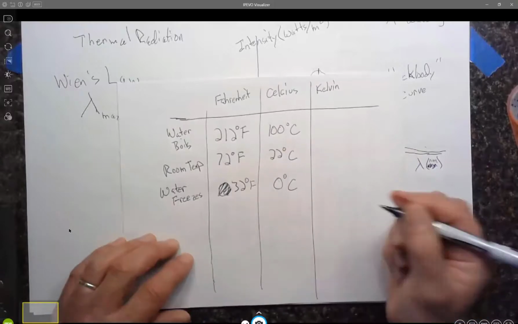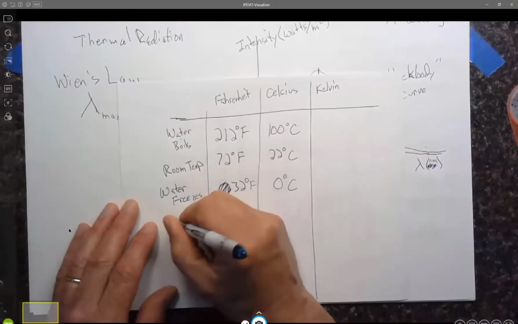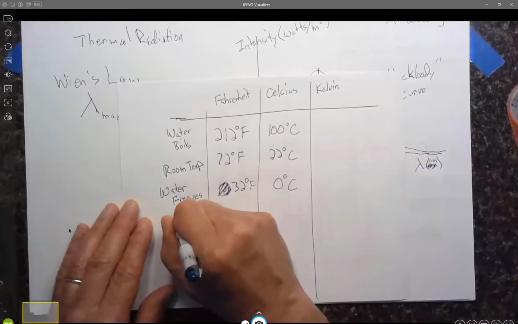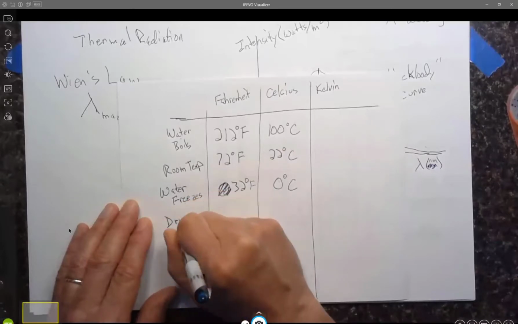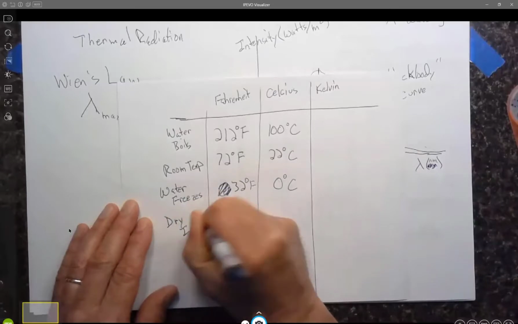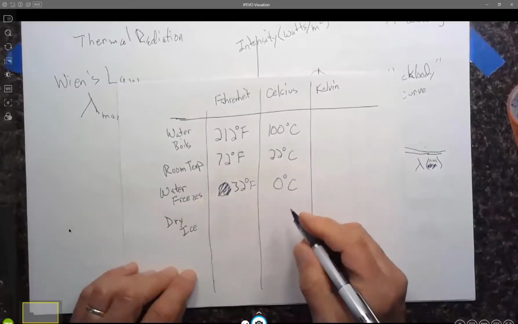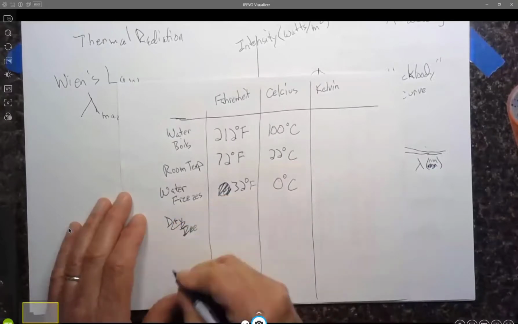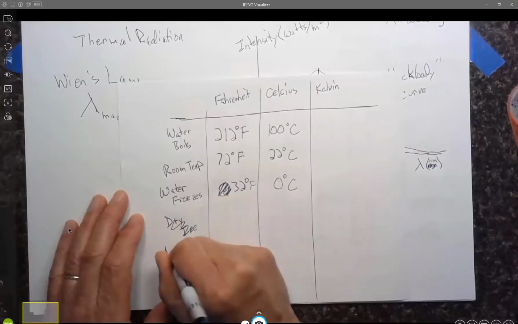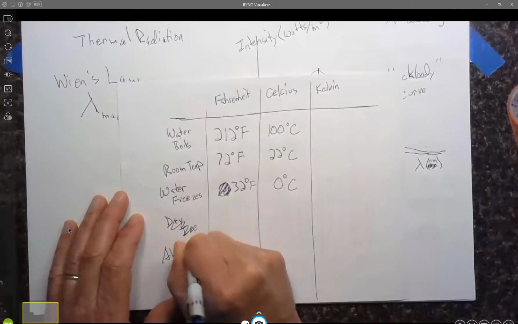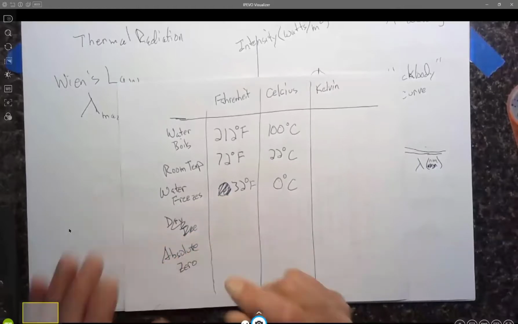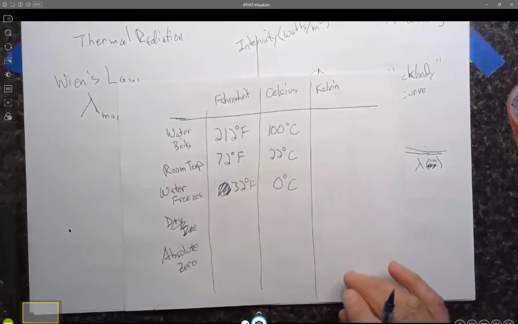And then you can do other things like maybe if you've monkeyed around with this, you might know something called dry ice. Actually, I shouldn't use that one because I don't know what its temperature is on the Fahrenheit scale. Let's go to absolute zero instead. And again, I mentioned that absolute zero is the temperature at which things will no longer give off thermal radiation.